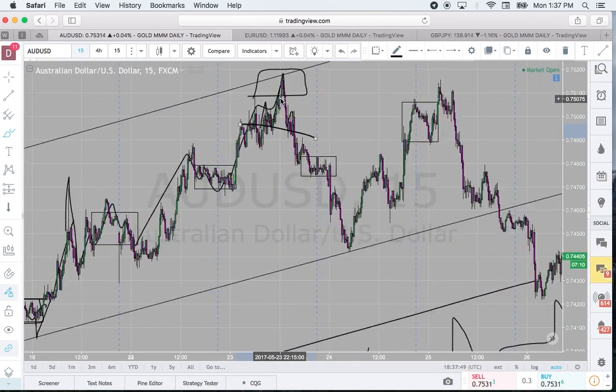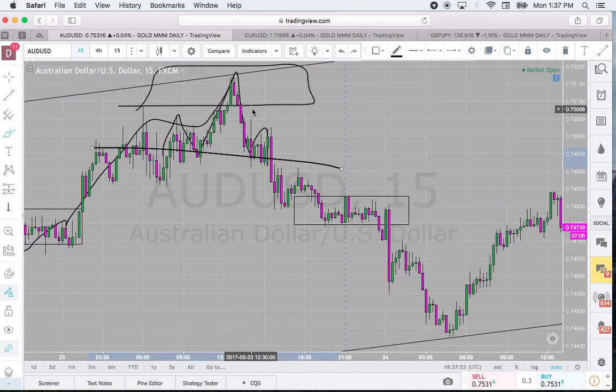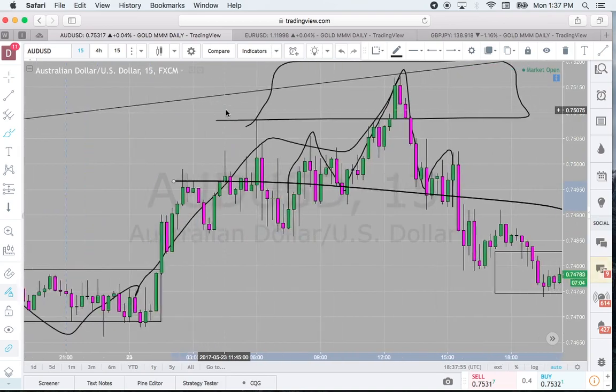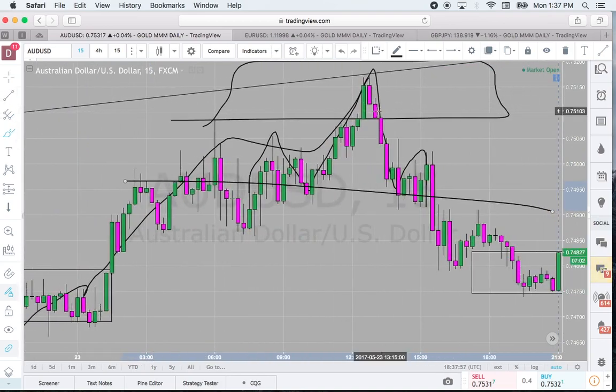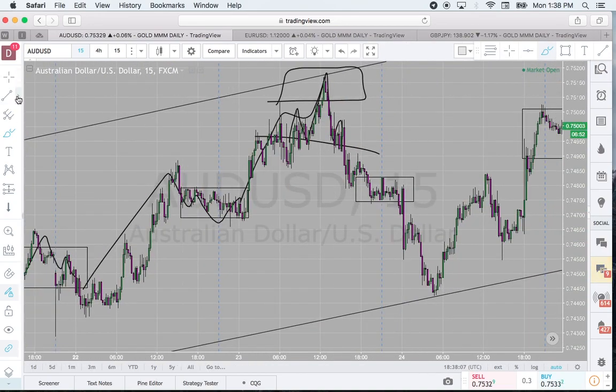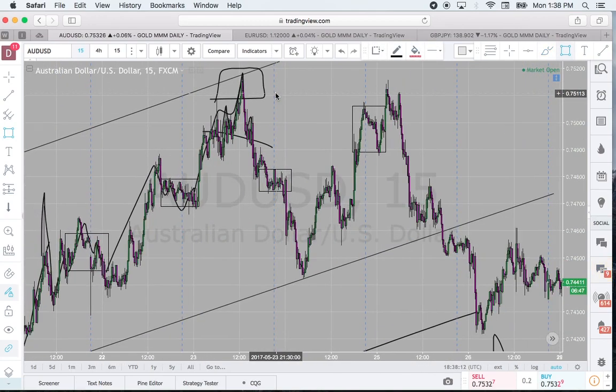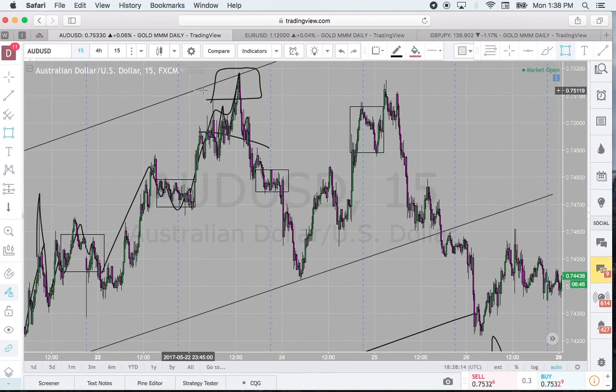There is that trap move that the dealer created where he induced buyers by spiking the market up in one candle. He then trapped buyers in this area.